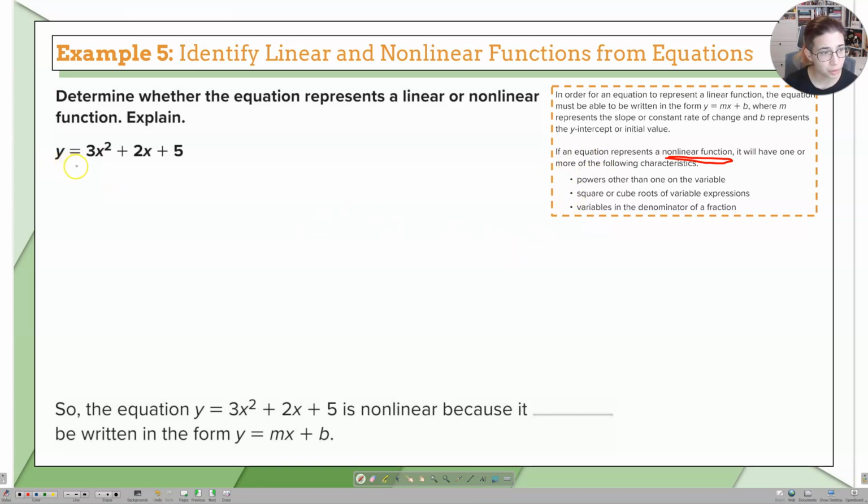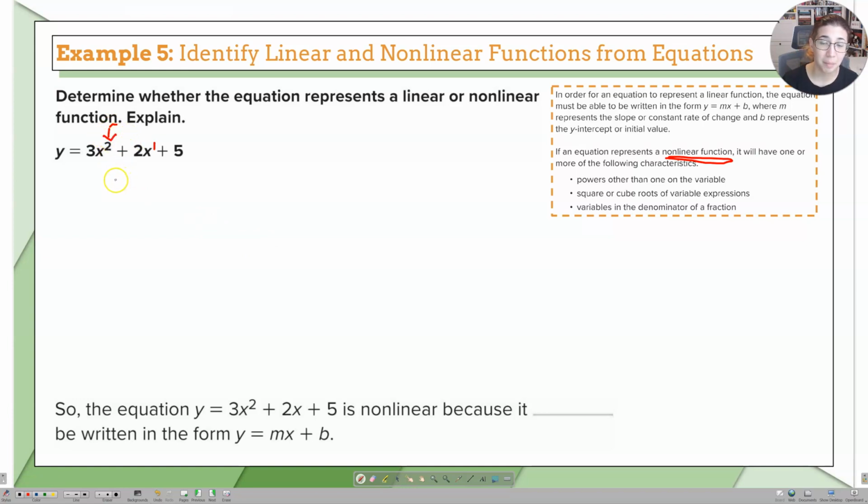We've got y equals 3x squared plus 2x plus 5. Are there powers other than 1 on the variable? Well, we have 2x to the first here, right? It's always there, just you don't see it because x times nothing is just the x, right? Because x is a factor 1 time. But we then see this pesky 2 over here, don't we?